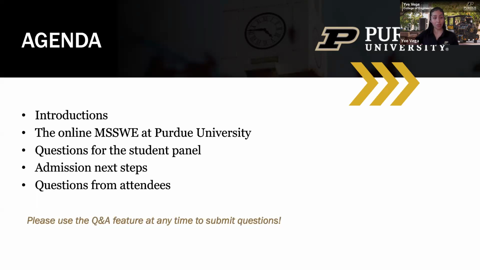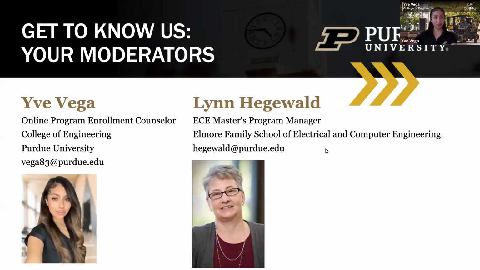We will then go into our questions for the student panel so that you can learn more about the program. We will then cover admission next steps, and then we will finish off with taking questions from our attendees. Throughout the presentation, if you have any questions and you want to make sure that you get those out there without forgetting those, please feel free to use the Q&A feature. We will get to those questions at the end of this call.